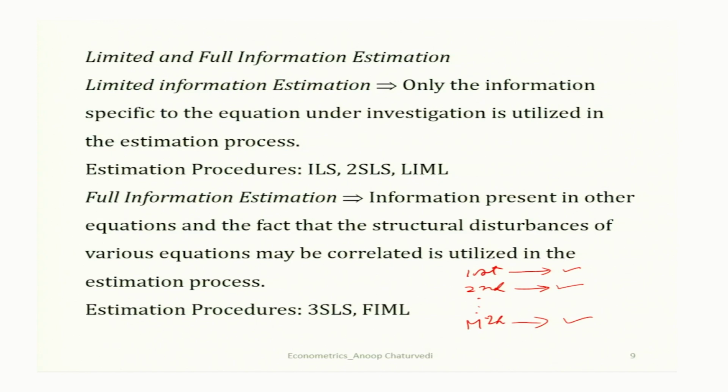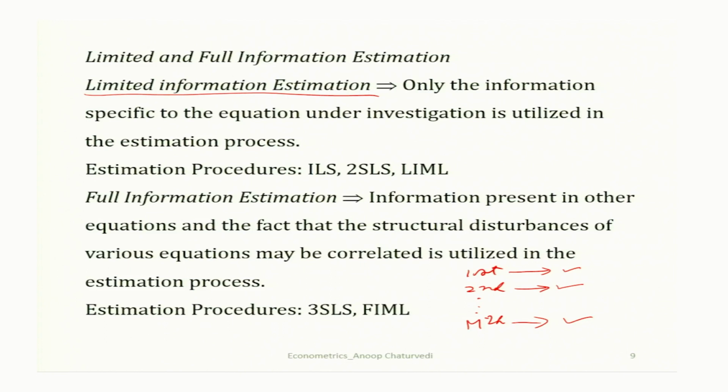Such kind of estimators are called limited information estimators, or these estimation procedures are called limited information estimation. So, in limited information estimation, only the information specific to the equation under investigation is utilized in the estimation process.